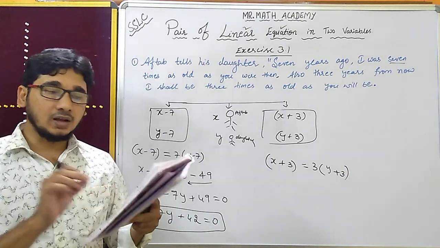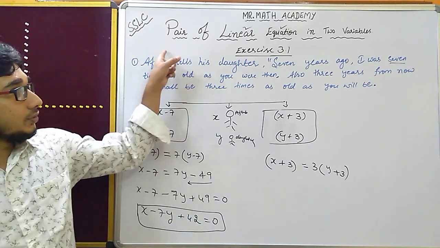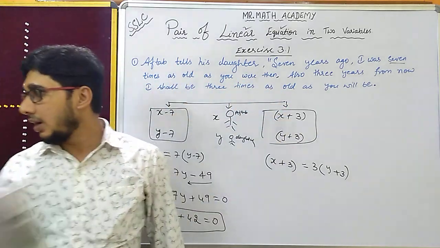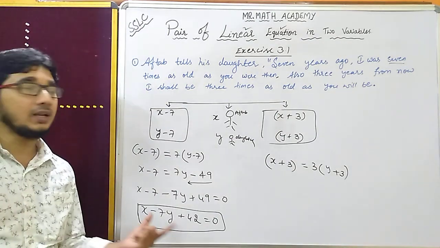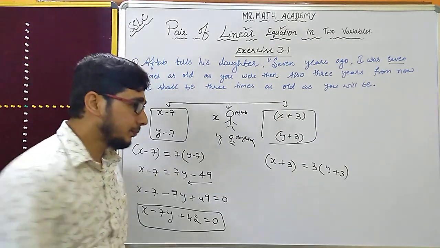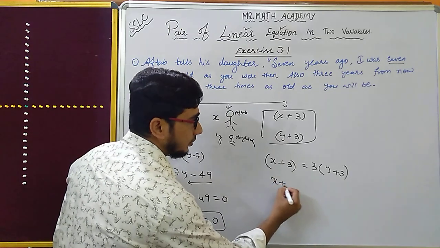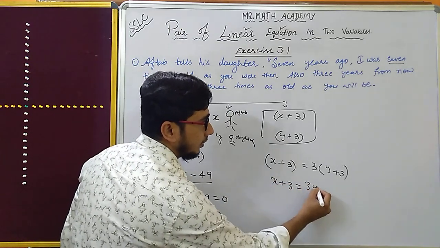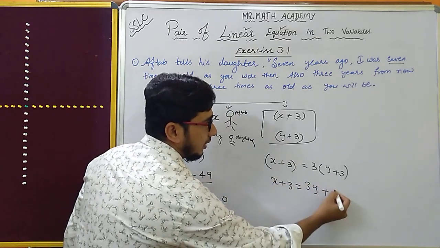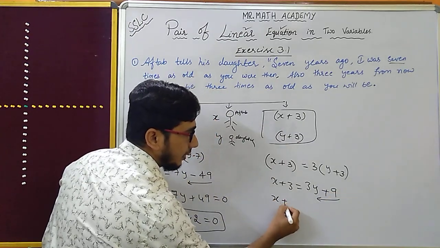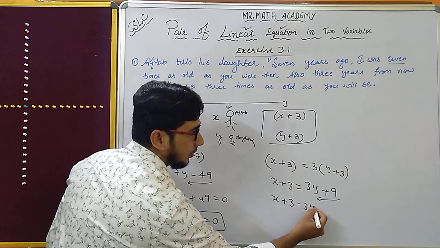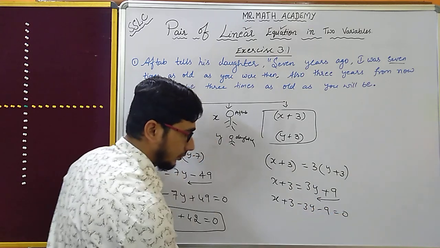The final question is: represent this situation algebraically and graphically. So this is how I represented it algebraically. For this one, x plus 3 into y, 3y plus, 3 3s are 9. Take it all inside: x plus 3 minus 3y minus 9 is equal to 0.